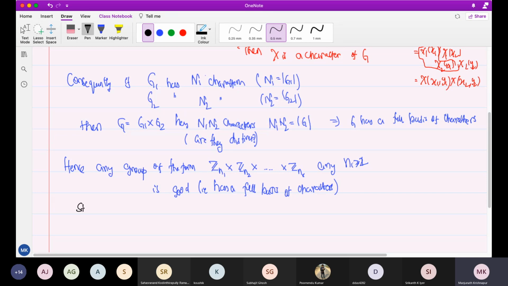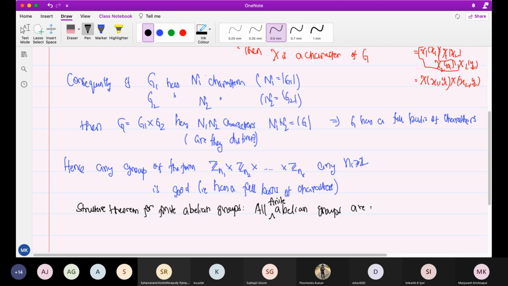There is a structure theorem for finite abelian groups: all finite abelian groups are of this form.